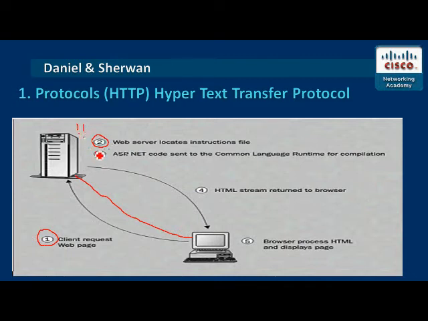And step 3, the ASP.NET code is sent to the Common Language Runtime for compilation. And step 4, the HTML stream is returned to the browser, back to the client. And step 5, the browser processes the HTML and displays the page.